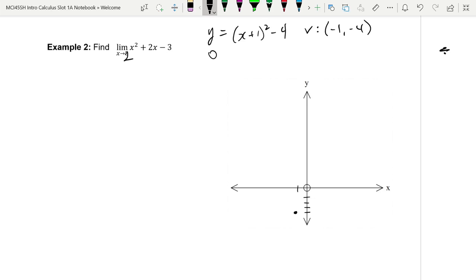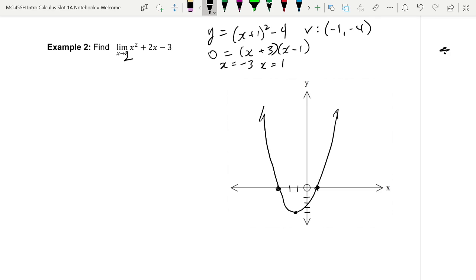I could find intercepts pretty easily because it factors. It's x plus 3 times x minus 1, so it has x-intercepts of -3 and 1. And there we go, there's our parabola. Oh, I didn't draw that very well. You can draw it better than me, I'm sure.